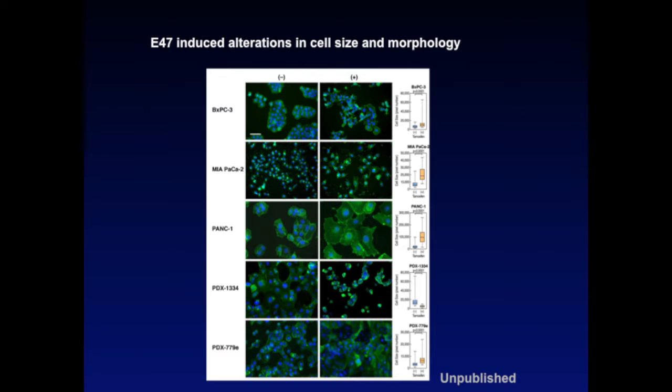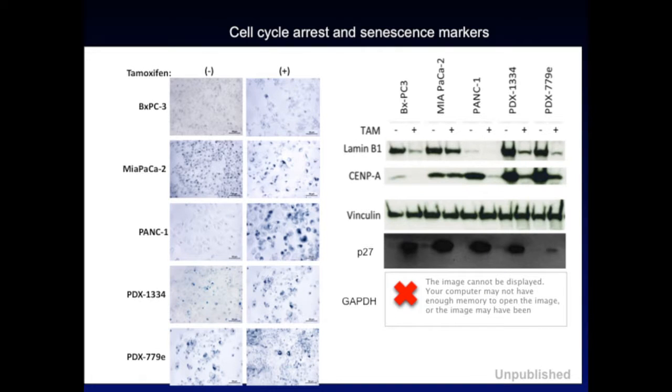But we wanted to look at other markers of senescence. What we're showing here is lamin B1 and Sen-PA, senescence markers that have been identified by Campisi and others, and they are quite downregulated by E47. P27, interestingly, did not change much at the RNA level in the RNA-seq data, but we noted that the ubiquitin ligase that's responsible for degrading it was severely downregulated by E47 and thought that the P27 protein, therefore, might be upregulated, and that's certainly the case.